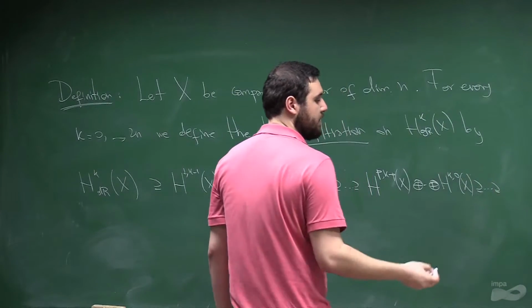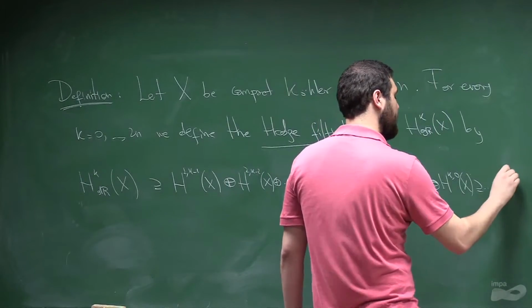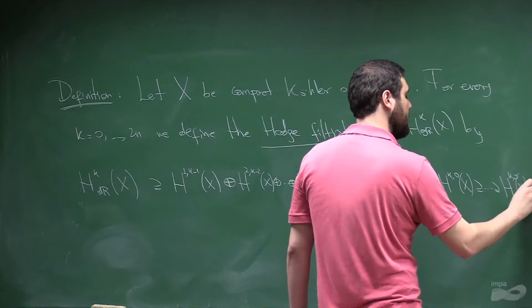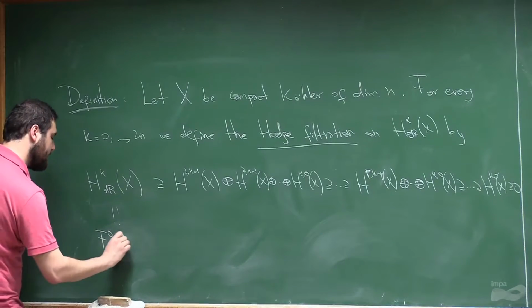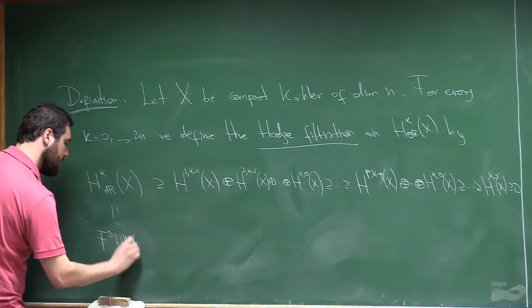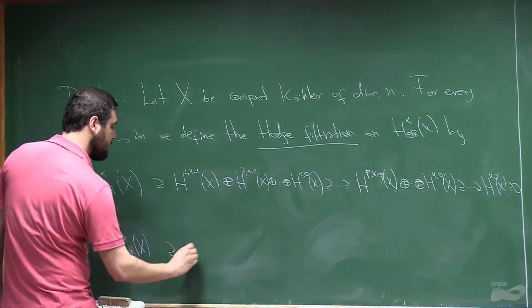And we will continue until only the H^{k,0} part, and then we will have 0. Okay? So this is the Hodge filtration. The notation is like this. So we denote by this F^0 of H^k de Rham of X. This is contained in the F^1.